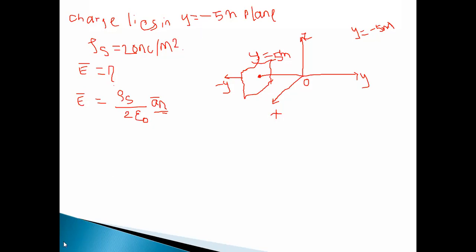First, when y is greater than minus 5, what will be the unit vector a bar n? Will it be plus a bar y or minus a bar y?